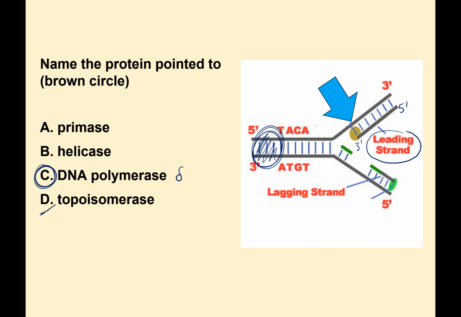It's in front of the replication fork. Helicase would be right here at the replication fork, unwinding that DNA. And primase would be making these RNA primers. So whenever you see a different color on the DNA, that's representing an RNA primer.